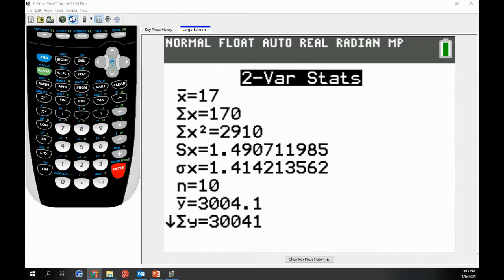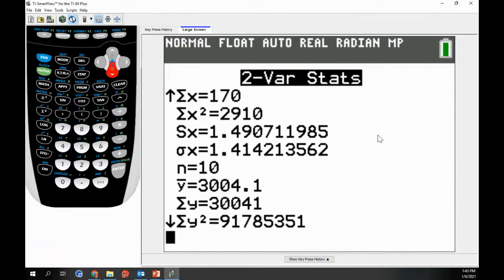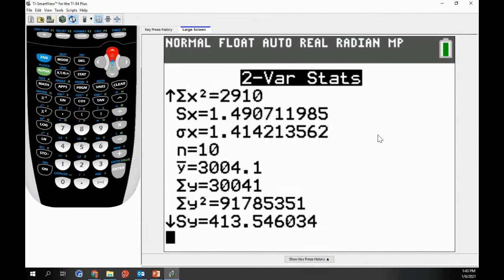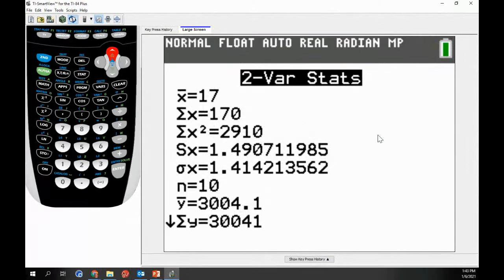The sum of the x squareds? Yep. The sum of x times y? That's right. And then the sum of y squared? That's right. And then there's two more you may want to write down since the calculator gives them to you anyways.